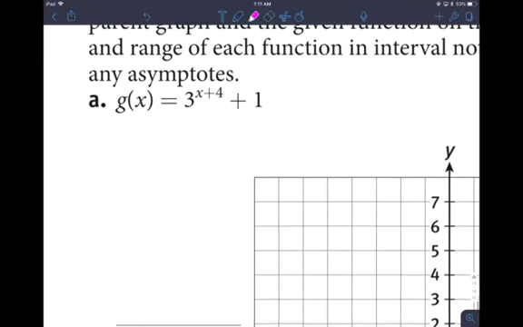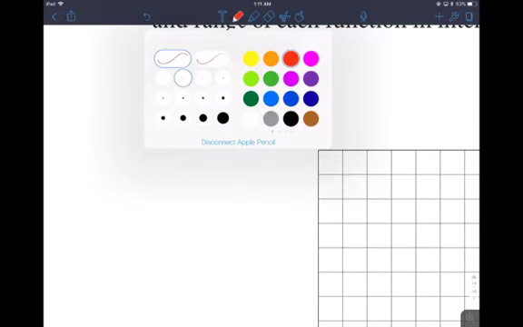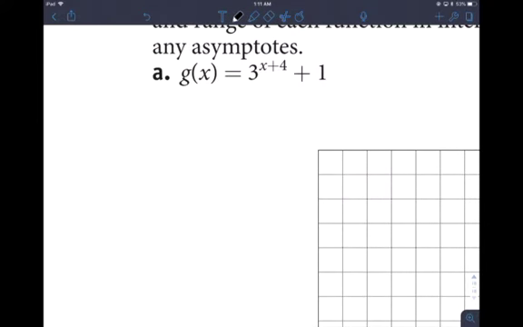So let me rewrite it here. If you want to try this first, pause the video, and then you can check the work later. So this is telling us that g of x is equal to 3 to the power of x plus 4, plus 1. So I'm going to write the general form: a times b to the power of x minus h, plus k.